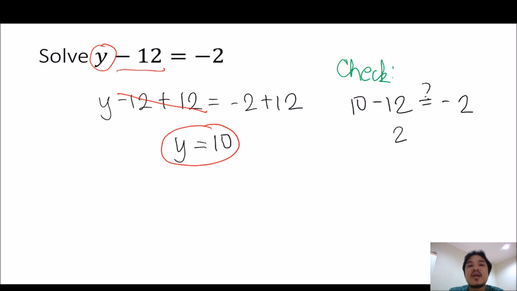Since 12 is greater than 10, and 12 is negative, the answer will be negative 2. Since negative 2 equals negative 2, we already verified that y equals 10 is the solution.